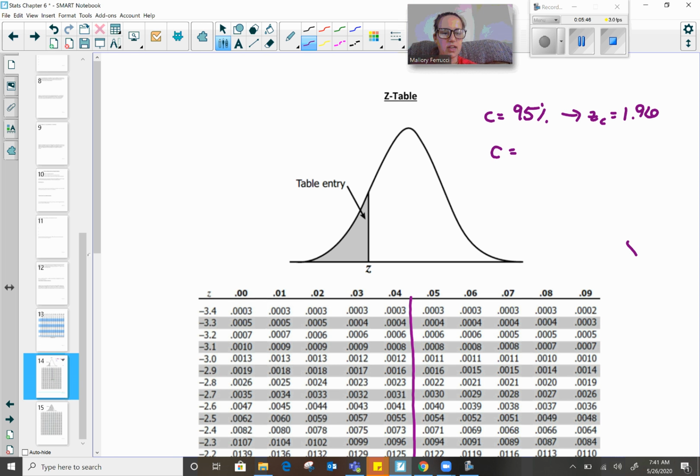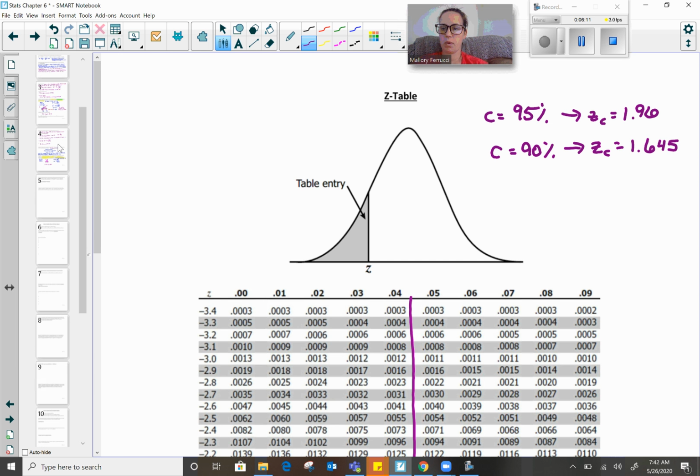So what that tells me is for the C value of 90%, that has a critical Z value of 1.645 because it's directly in between those two. Okay, so that's the Z-score that we're going with. And we're plugging it in.